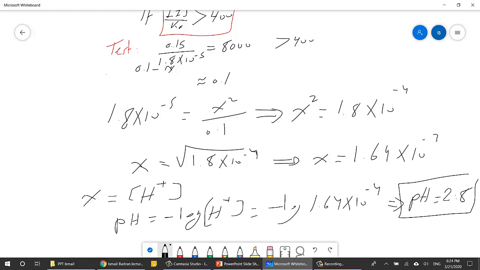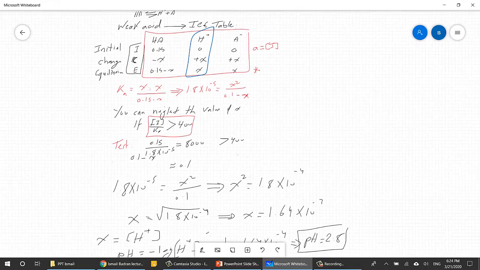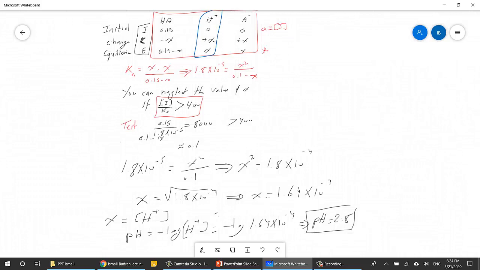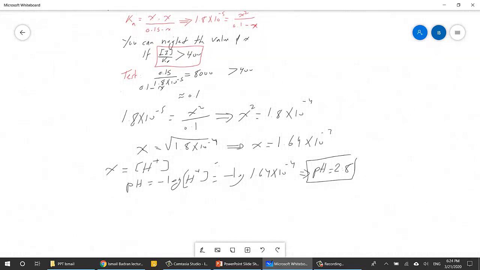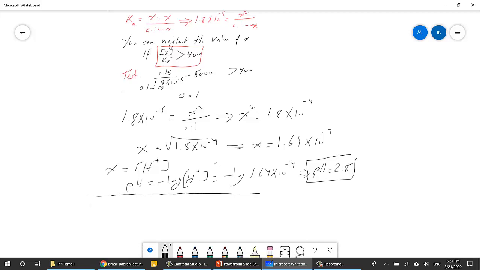Okay, so this is how you solve these questions. You build a nice table and work through the process to calculate the pH. Now, I just want to give you an idea here. How is that different if you have 0.15 molar HCl?